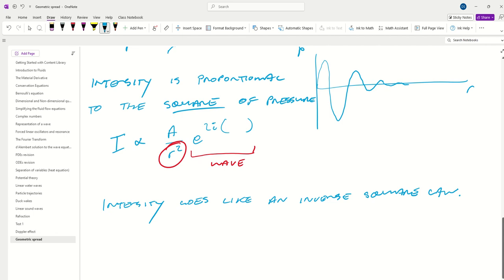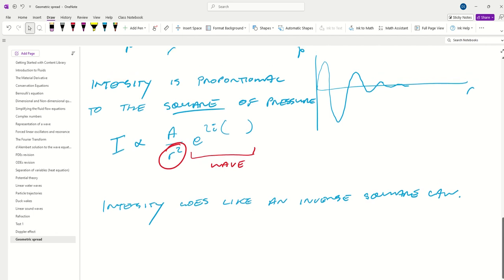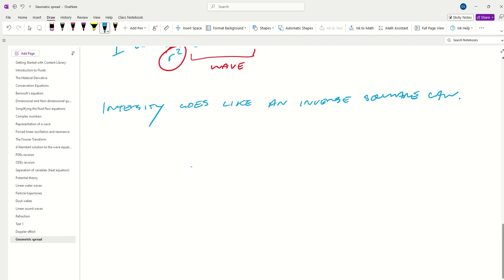And that's what we mean by geometric spread. As our waves spread apart, the intensity, just from the fact that it's following the spherical idea, our volume is dropping very rapidly.